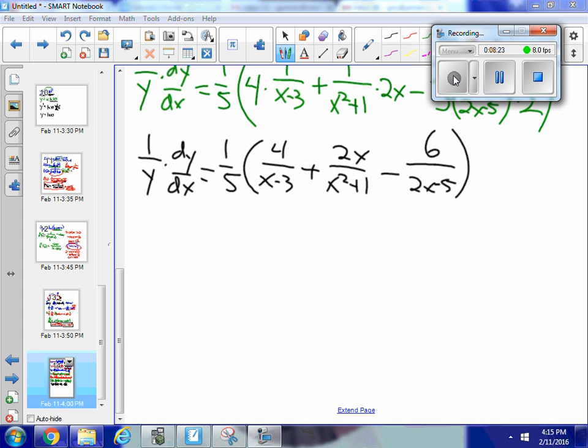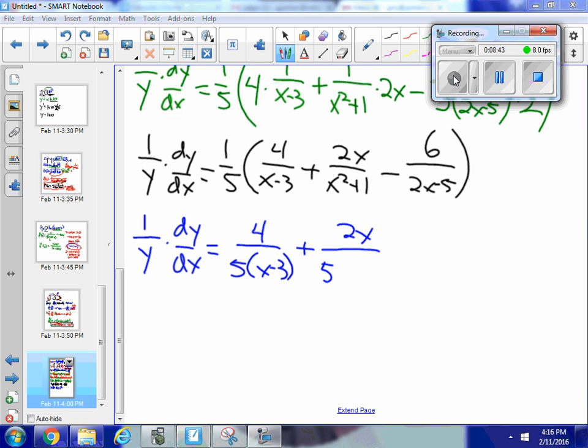And now if I put my 1/5 into all of those, I have 1 over y times dy/dx is equal to 4 over 5(x − 3) plus 2x over 5(x² + 1) minus 6 over 5(2x − 5).